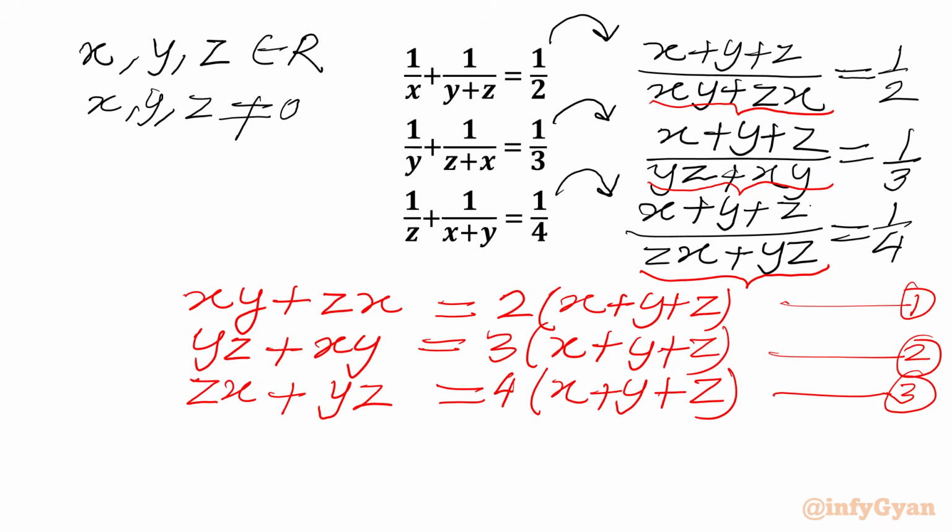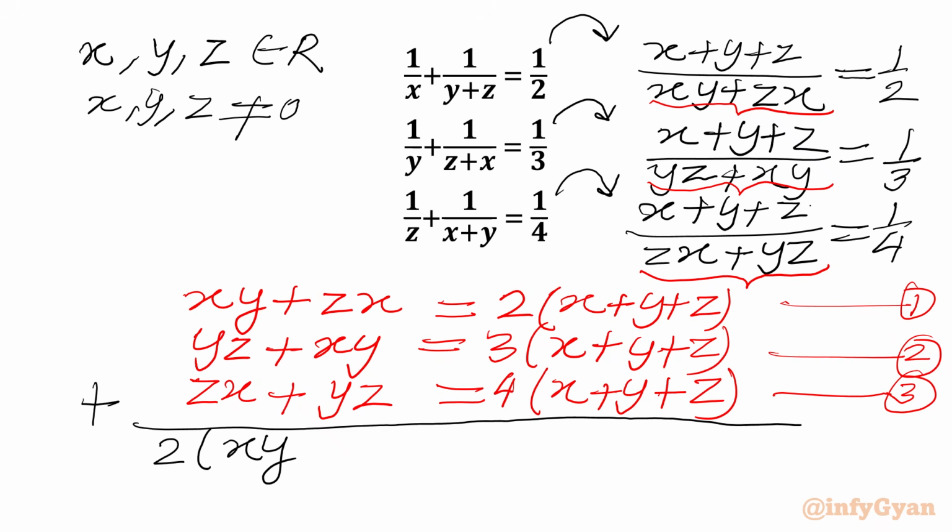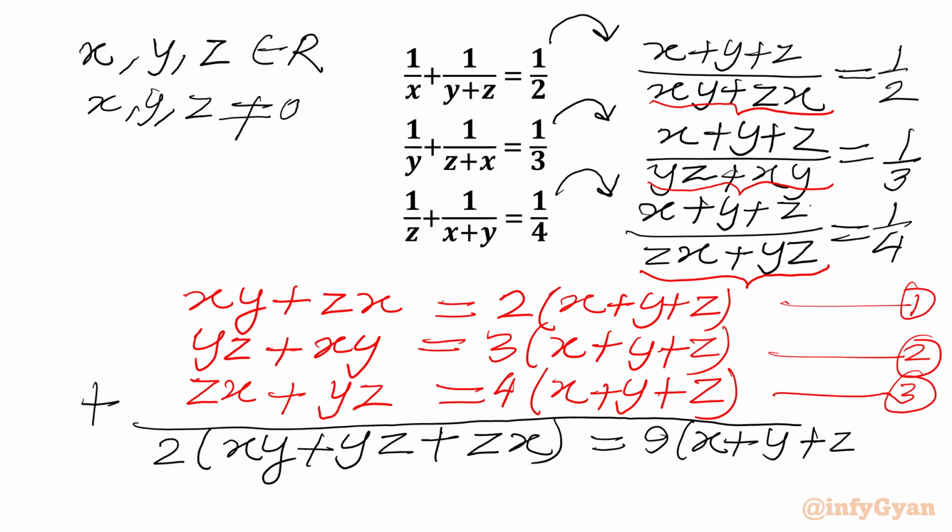Now we are going to add all the three equations. So we will write here plus sign, xy plus xy 2xy, yz plus yz 2yz, zx plus zx 2zx. 2 is common, so in the bracket there would be xy plus yz plus zx equal to 2 plus 3 plus 4, 9 times x plus y plus z.